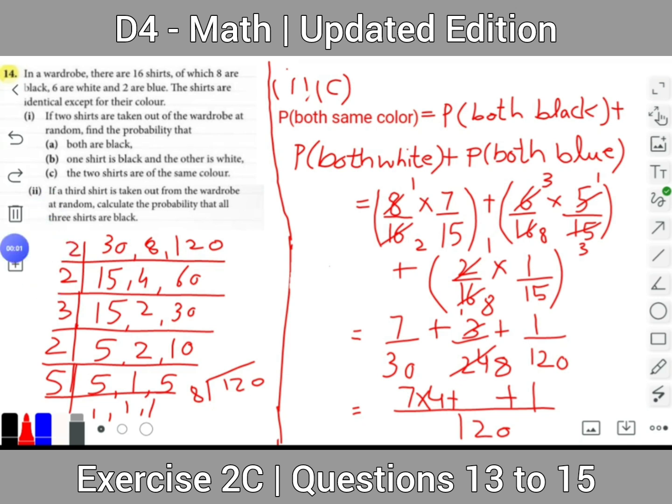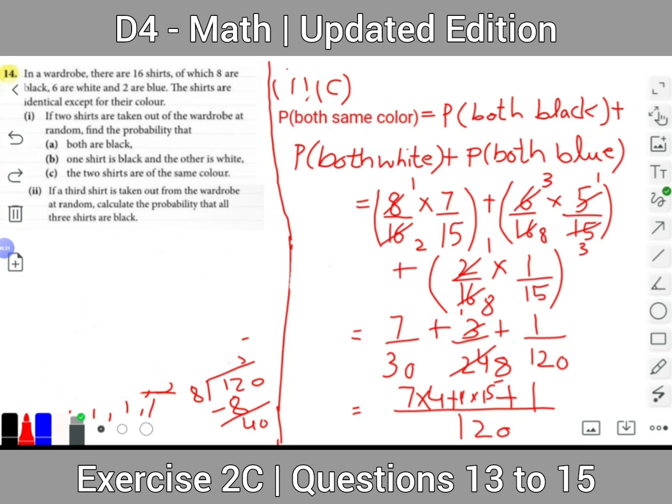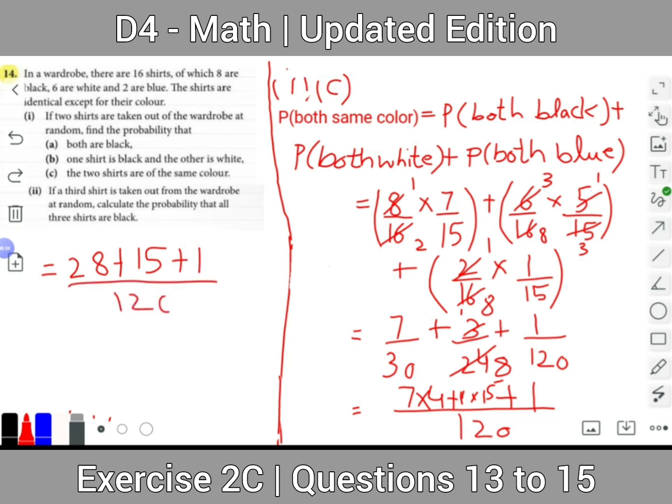Now since 8 ones are 8, so 12 take away 8 is 4, and here we have 5 15s. So here we have 1 multiplied by 15. Now we have 7 4s are 28 plus 15 plus 1 over 120.